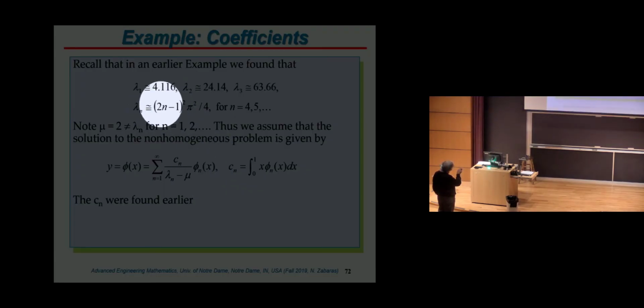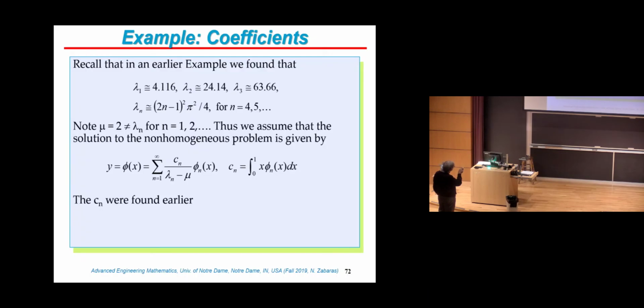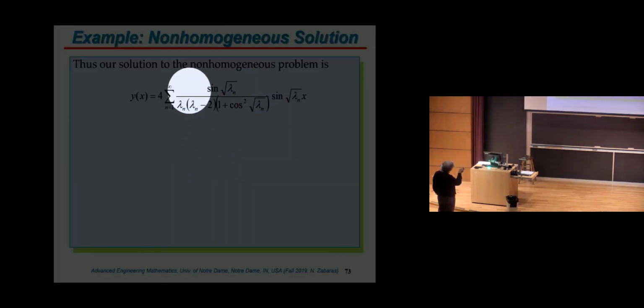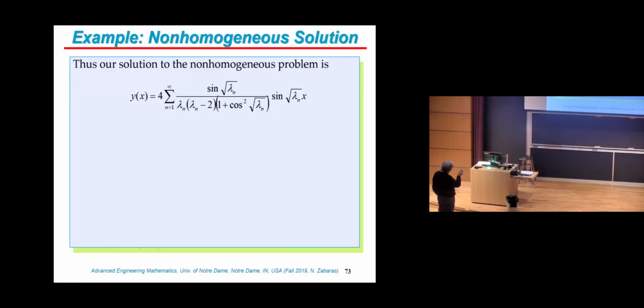You can see these lambda n's are of the order of n squared, right? So if you look at this expansion, you have 1 over lambda n, so you have 1 over n to the power 4. And 1 over n to the power 4 converges rapidly. I mean, after 2 terms, you have the solution. So if you have to program and plot this, you don't have to compute 10 terms. You compute 2 terms, and that's it. It's done. It converges nicely, okay?